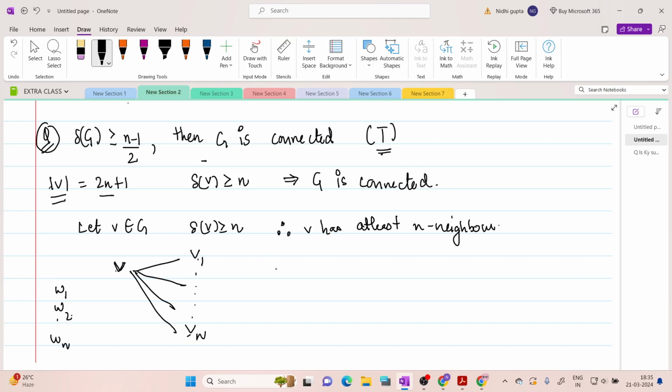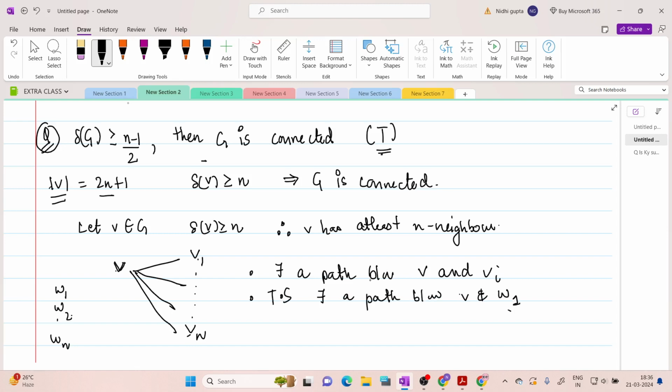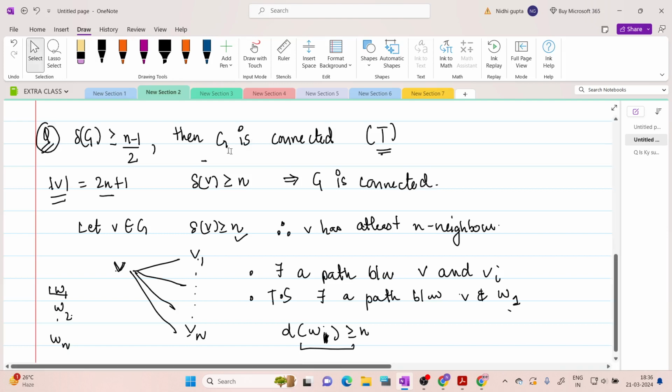We have to show there exists a path between v and W1. Now the minimum degree is greater than or equal to n, so the degree of W1 is also greater than or equal to n. Now, knowing that, can we find a path between W1 and v? Anyone?